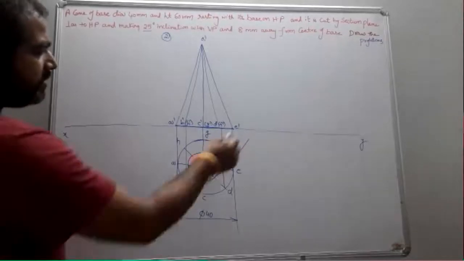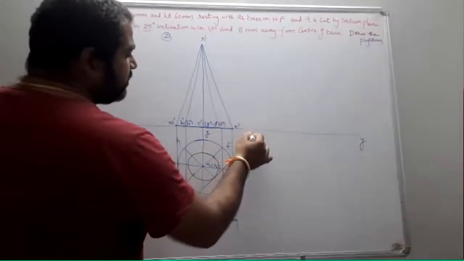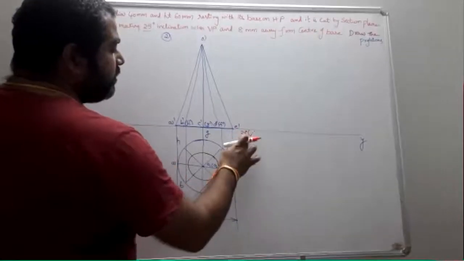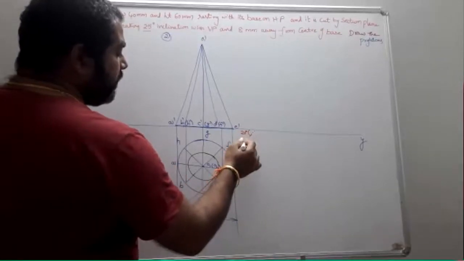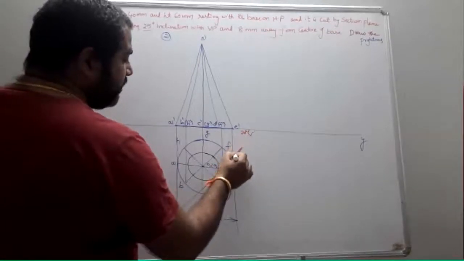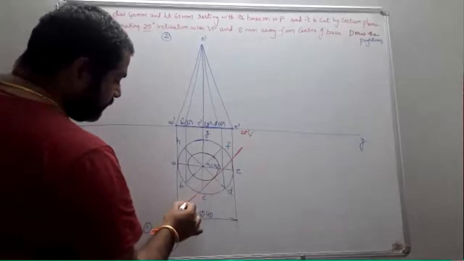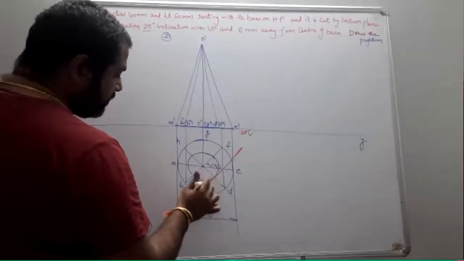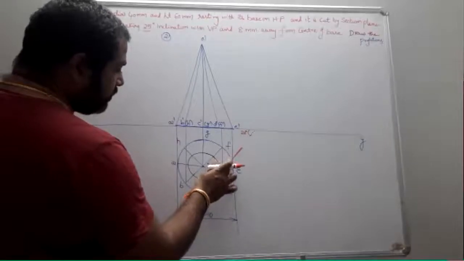Let us consider this inclination is some 20 degrees. Now this is to be highlighted: the ends are thick, and its center is thin and dotted.